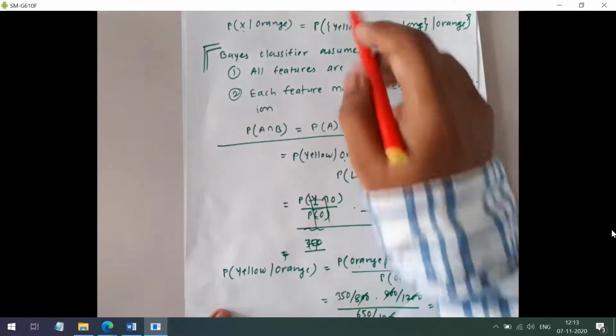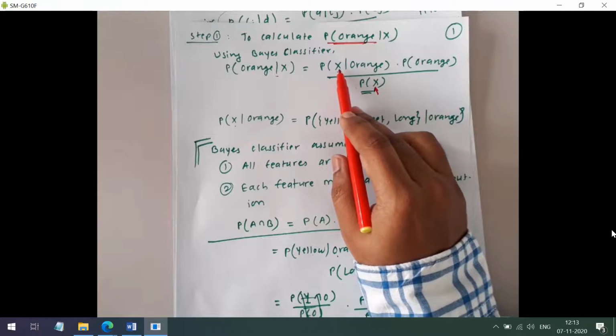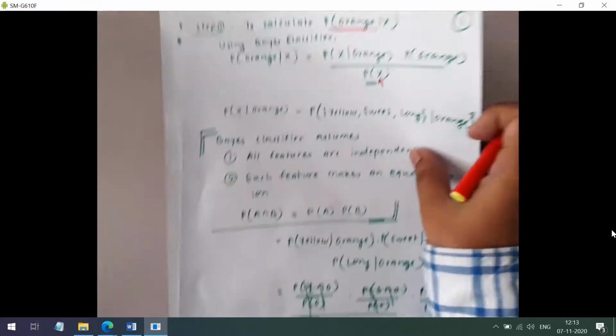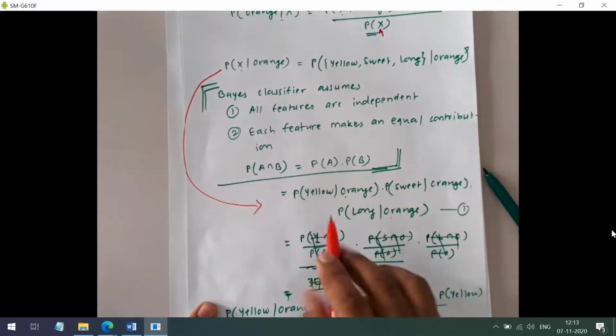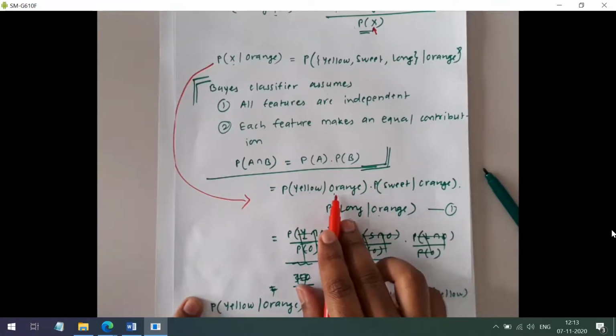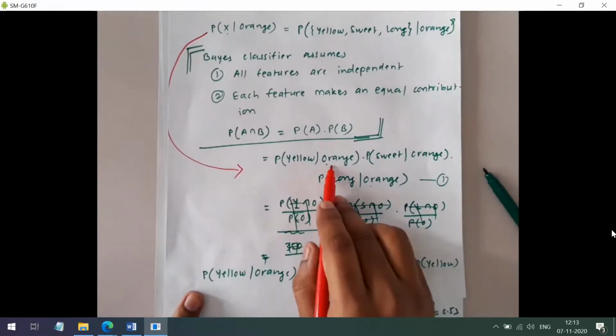That's why we can separate the features included in x, so that the term p of x given y can be written as the multiplication of individual features. Now how to calculate this?